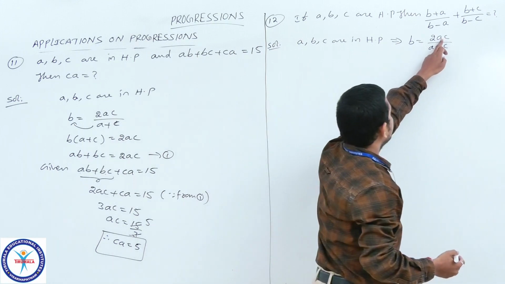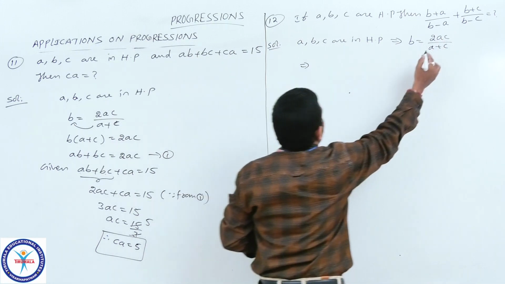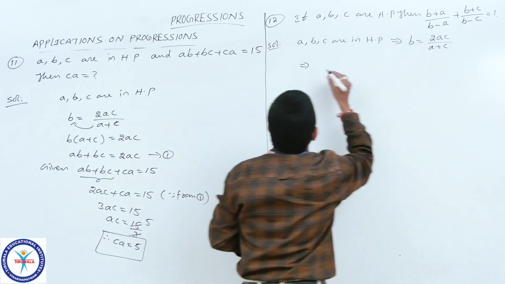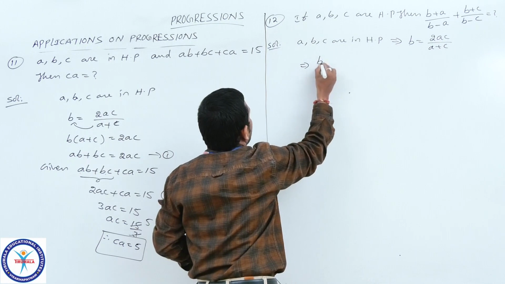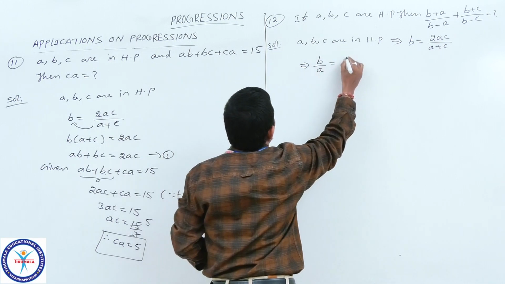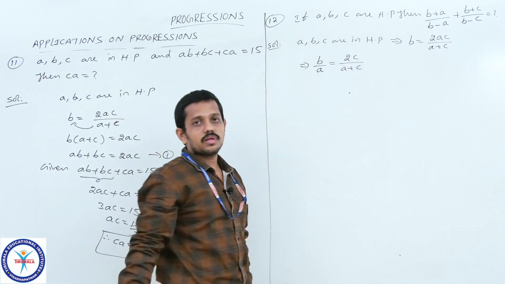Now by taking A to the left side, which implies B by A, here A multiplied with C, other side it divides. So from this B by A is equal to 2C by (A plus C).